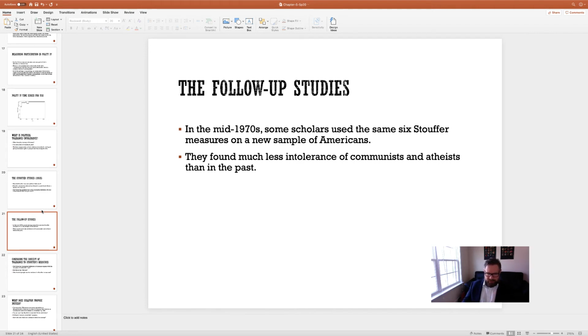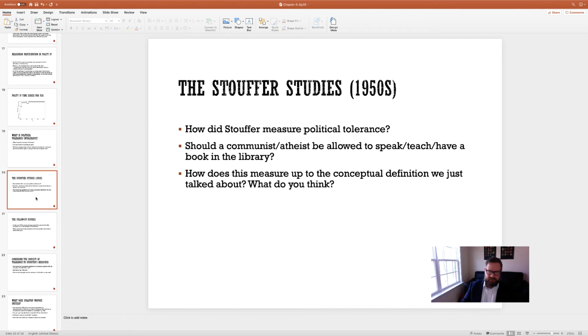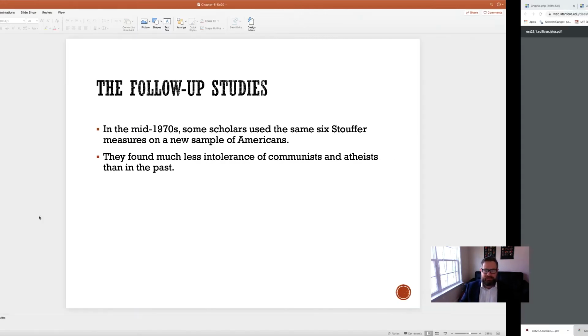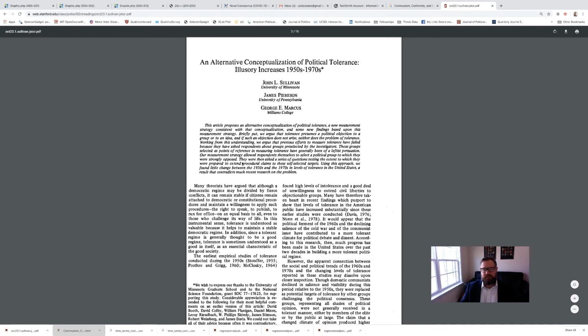The whole assumption upon which the tolerance metric here is based, the assumption that people oppose communism, oppose atheism, and are granting rights to these people because they oppose them, right? That is swept away if people become more communists and more atheists. And that's exactly what this study had pointed out, right?